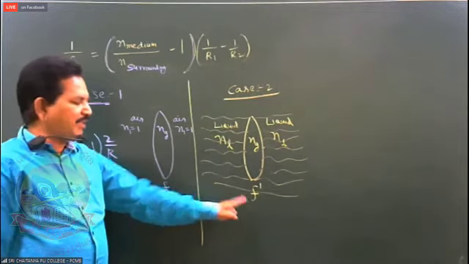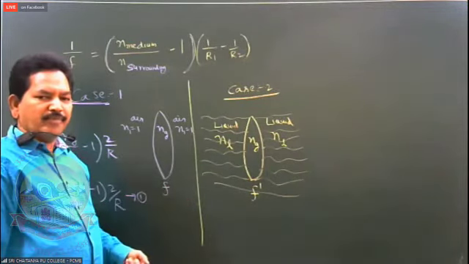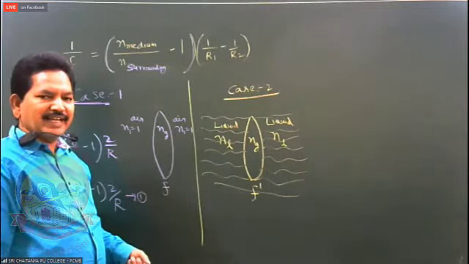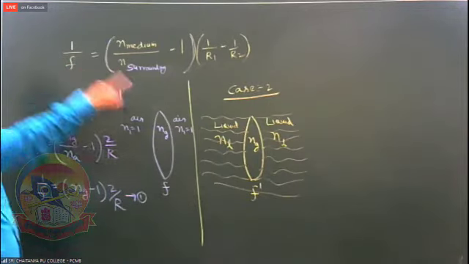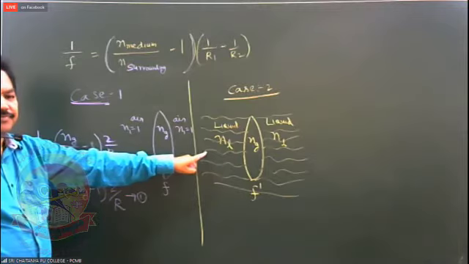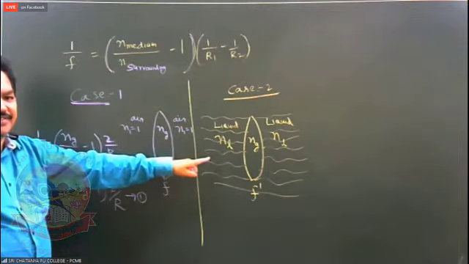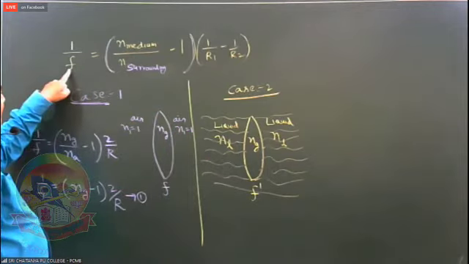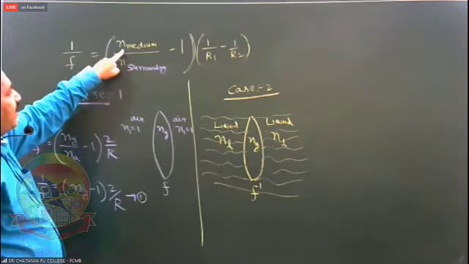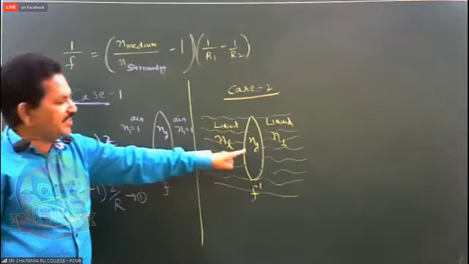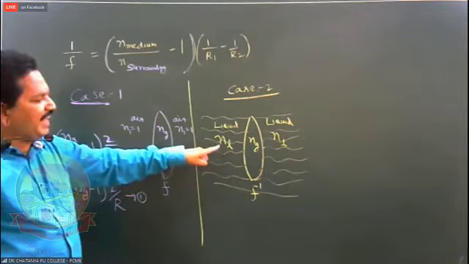Now, the relation between F dash and F: how many times more, how many times less? Apply this formula. In this case, applying the lens formula, what is the focal length? F dash. What is the refractive index of the glass? Ng. Refractive index of the surrounding medium? NL.